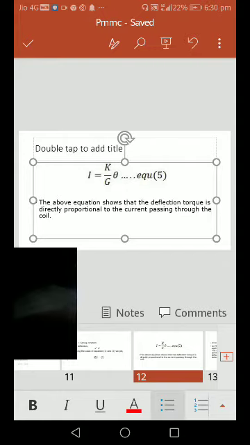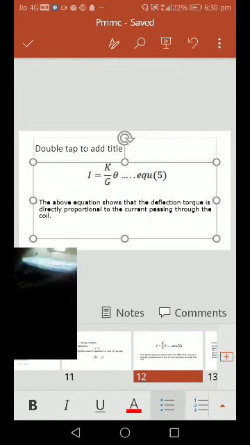The equation I is equal to K into theta by G shows the controlling torque is directly proportional to the current passing through the coil.